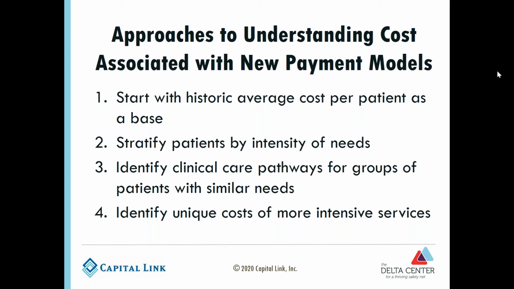So we start with the average cost per patient as a base, and that comes from the first presentation that we had. And then we talk about stratifying patients by intensity of needs, and that's going to be the use of care pathways and the like.